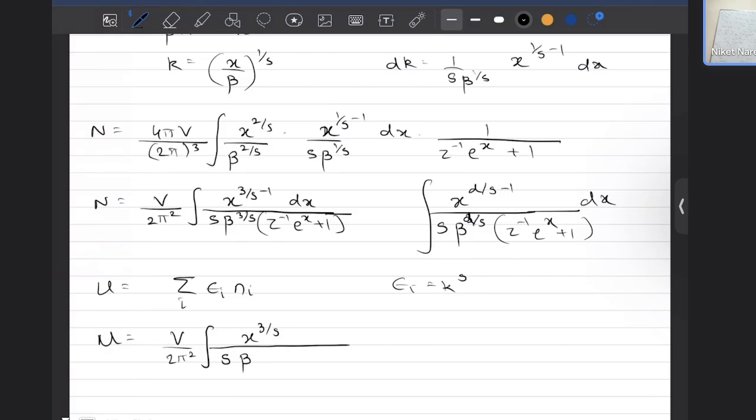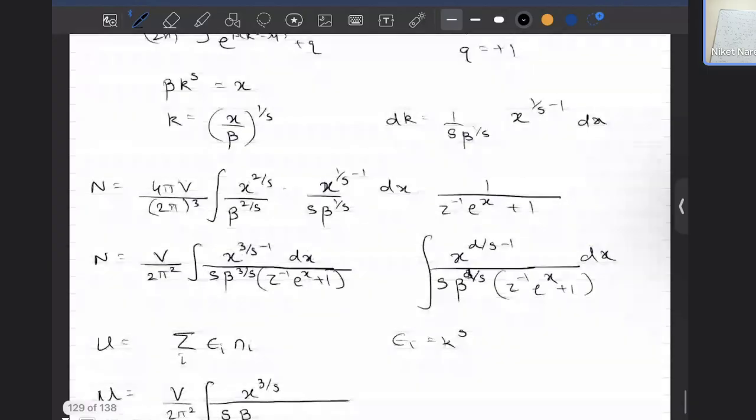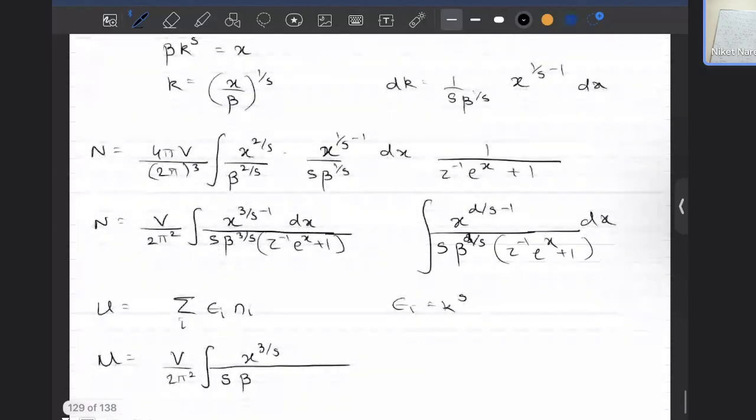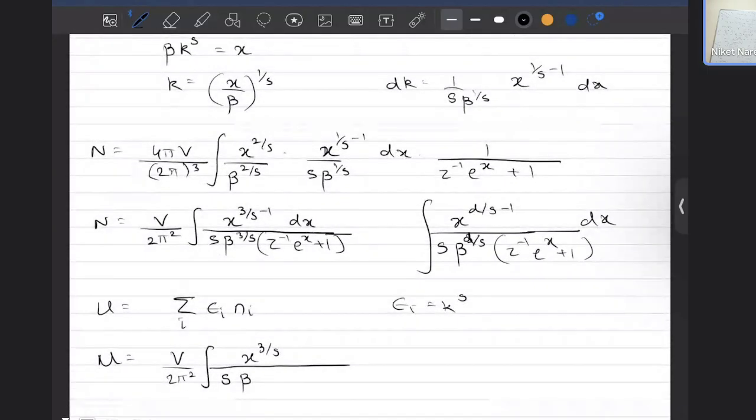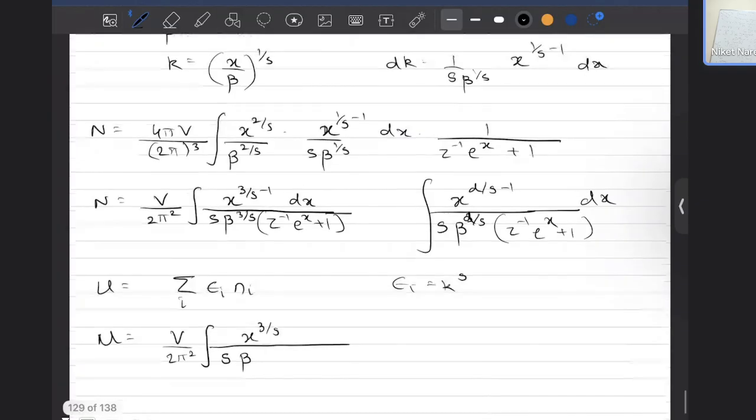Hope I'm not making any mistake here. Or should I do it from scratch only? Epsilon is just k power s. K power s is, in those terms, just x by beta. So there is an evaluation that has taken place.